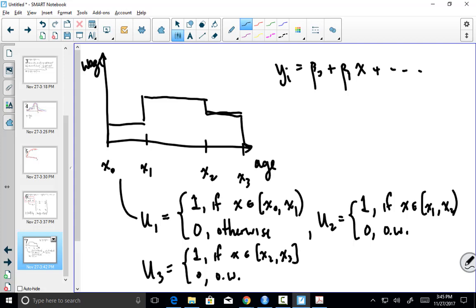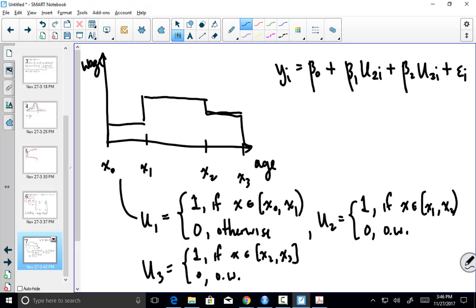So instead of using just x as my predictor variable, I translate my model to be in terms of these dummy variables that are indicators that turn on or turn off. Then we can write a regression model using those dummy variables. So suppose we say beta 0 plus beta 1 u2 plus beta 2 u3. Suppose we say that.